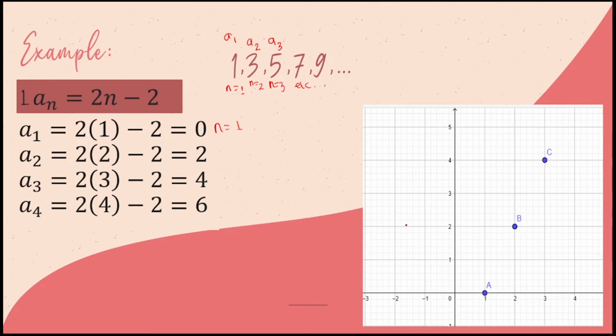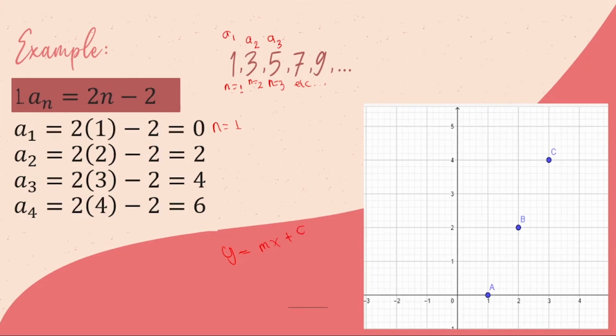You can see it's continuing at the same constant rate, and what you can notice here is this really looks like the equation of a line. It looks like y equals mx plus c. It's like our slope.